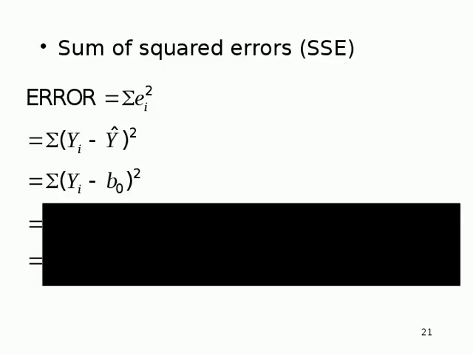Just a thought before we move on. What do I know, or what am I trying to find? I know 0, right? I know y sub i, that's the data we've collected. What I don't know is the model, y hat, right?